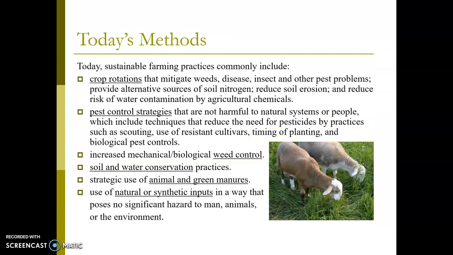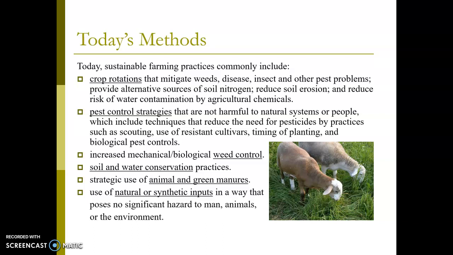Today's sustainable farming practices commonly include crop rotation that mitigates weeds, diseases, insect and other pest problems, provides alternative sources of soil nitrogen, reduces soil erosion and reduces risk of water contamination by agricultural chemicals.